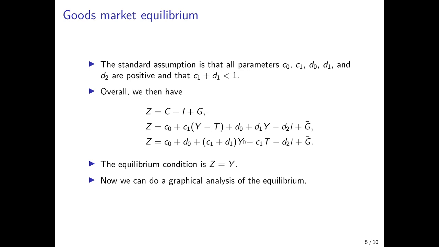We would have C1 plus D1 times income. And so we have this as a collected term here. And C1 times the taxes with a negative sign is here. The equilibrium condition, as we know, is that total demand is equal to total income. And we can now solve for the equilibrium, which we will do next by means of a graphical analysis.